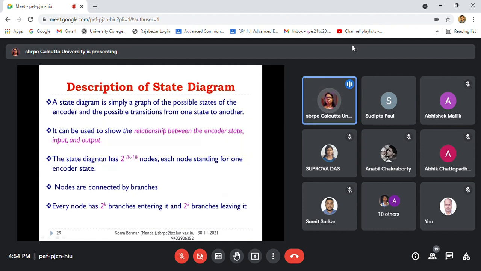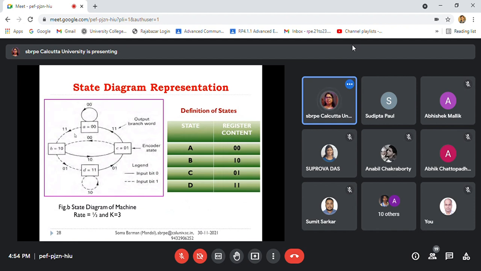The state diagram has 2 to the power (capital K minus 1) into small k nodes. That means capital K is 3, minus 1 means 2, and small k is 1. So 2 to the power 2 means 4 nodes.